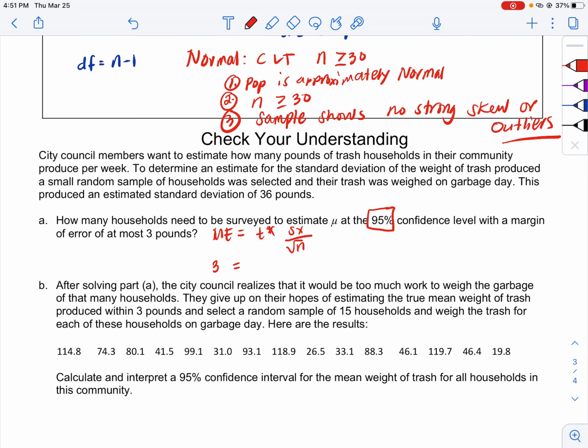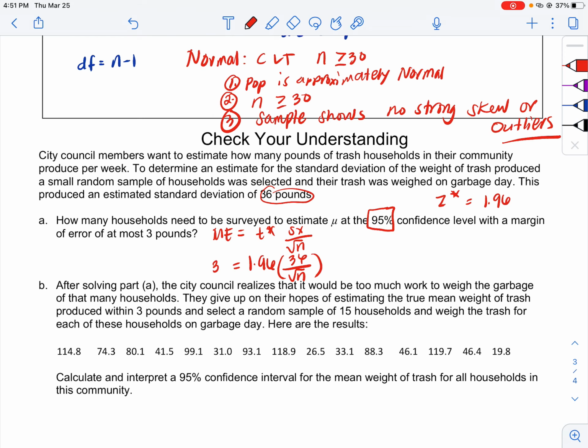So in our table, Z star of 95% is 1.96. So we are going to use 1.96 in here as a replacement for the T star that is not given. So our standard deviation is 36 pounds over the square root of n.